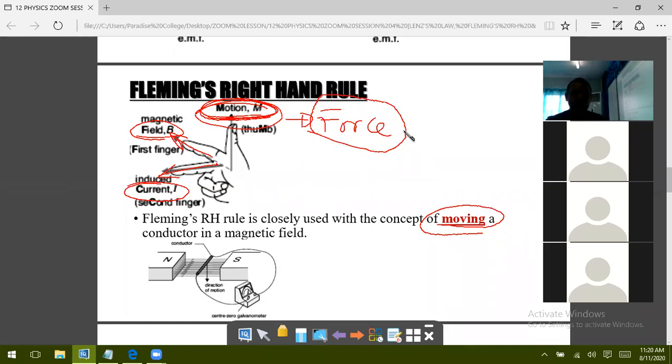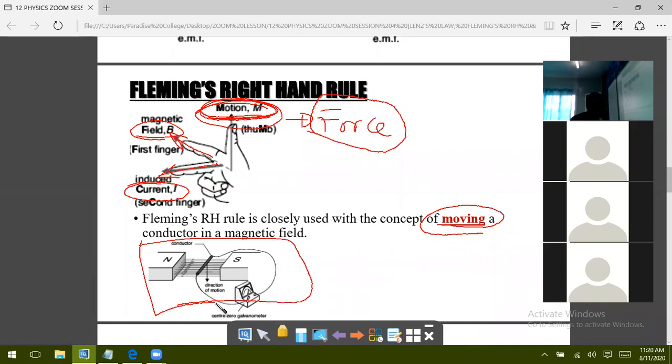I repeat. Fleming's left-hand rule is used whenever you see a setting like this.